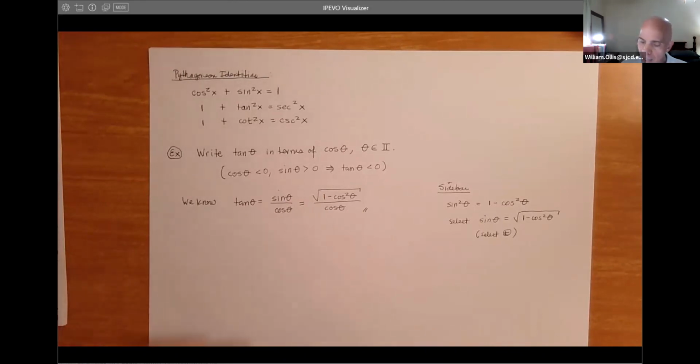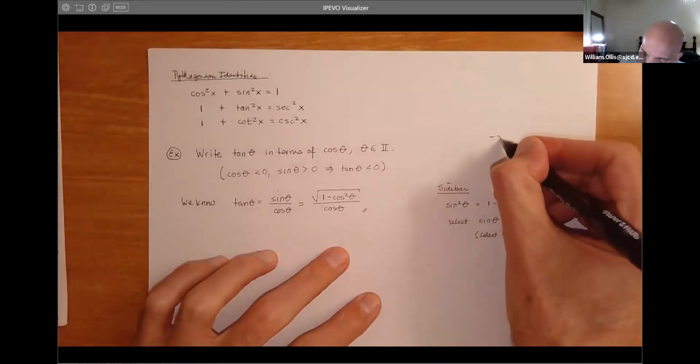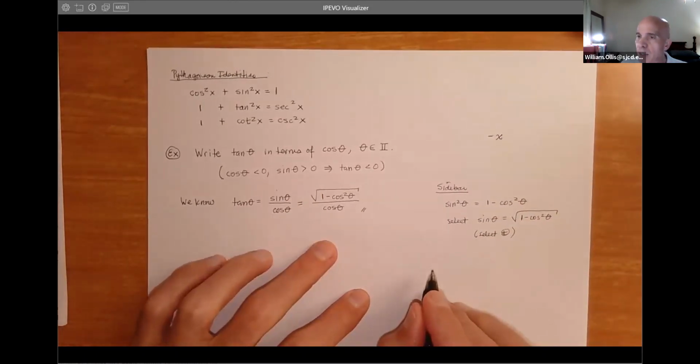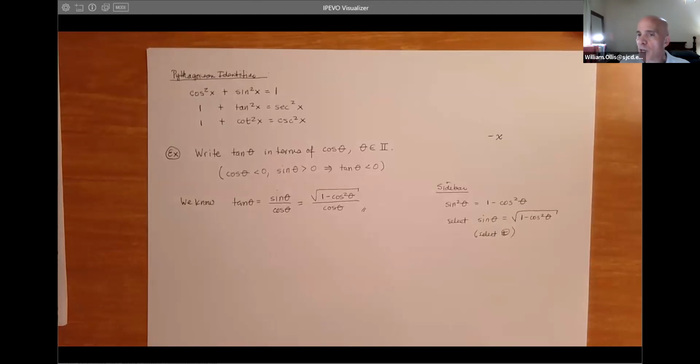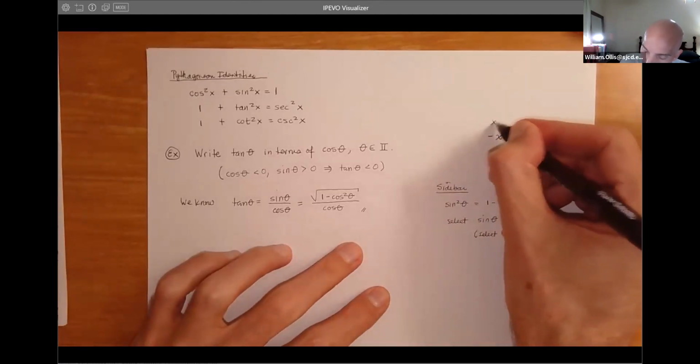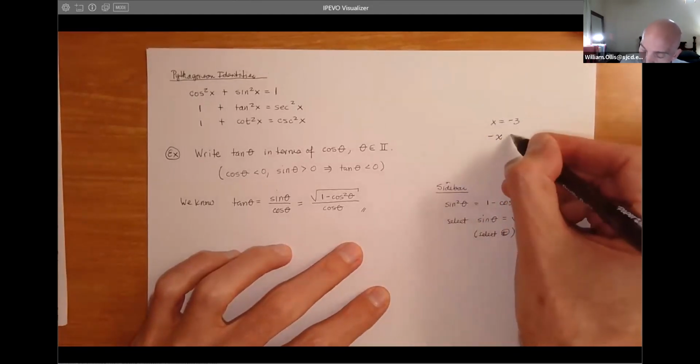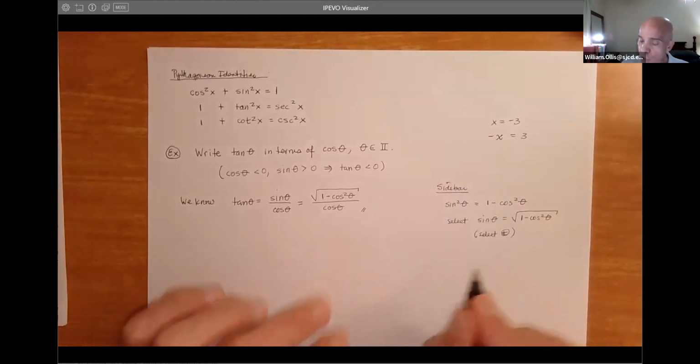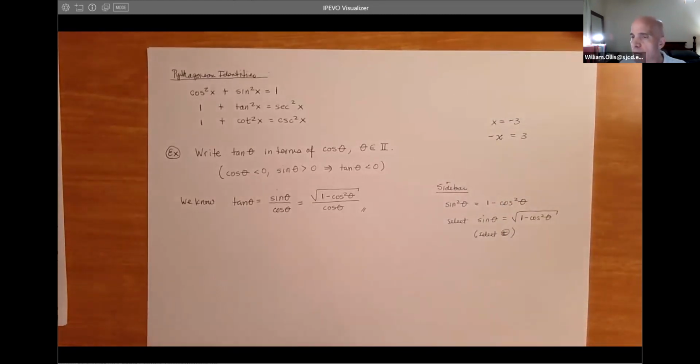That's just like saying, for instance, if I have the additive inverse of X, that could clearly be a positive number. For instance, if X equals -3, the additive inverse of X is 3. Negative X is positive. So dispel that fallacy in your reasoning, okay?